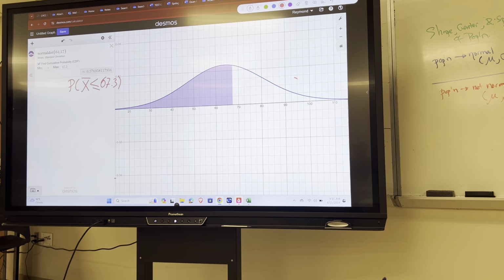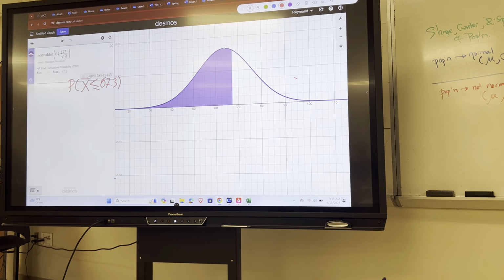We forgot some, this is just for the population. But for the sample, what we're going to do with the 17? Divided by, what's your sample size? 20. So square root of 20.